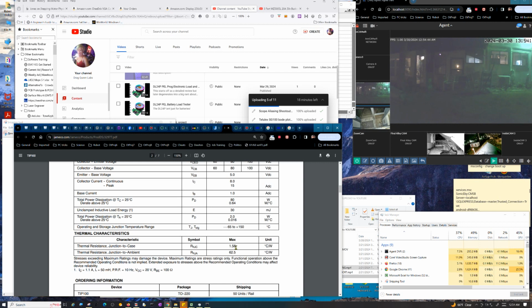And again, this applies to resistors too, except resistors don't have a junction temperature, but they do have their power limits too, like that guy was saying, especially in a power resistor. But 1.56 degrees centigrade per watt means the case temperature versus the junction temperature will rise by 1.56 degrees for a 1 watt dissipation. So it's going to be 1.56 degrees hotter than the junction temperature, basically.